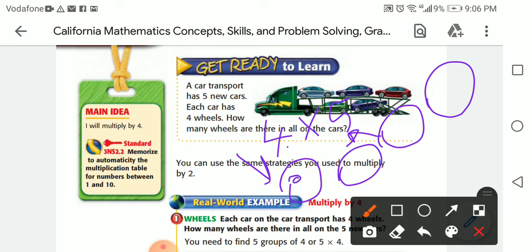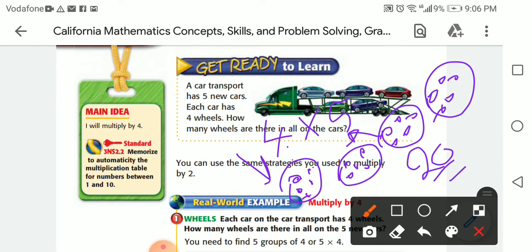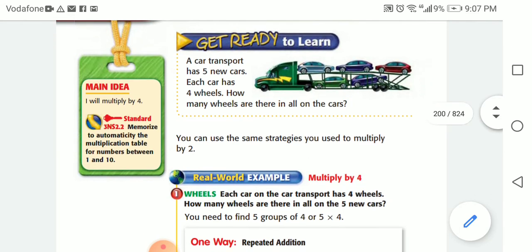So 1, 2, 3, 4, 5 in each circle. And we can count all the circles or dots inside. After counting them, they give me 20. Okay?